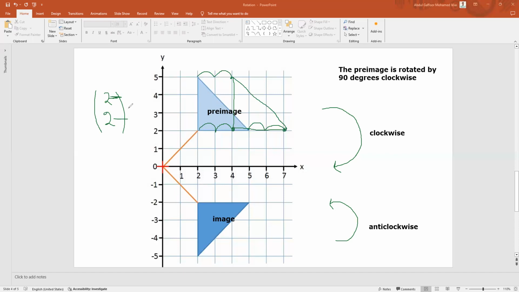Then again, I don't have space to draw here, so I'm just going to consider these 2 lines. The points are moving 2 units upwards. So this point is coming 1, 2 here, and this point is coming 1, 2 here.